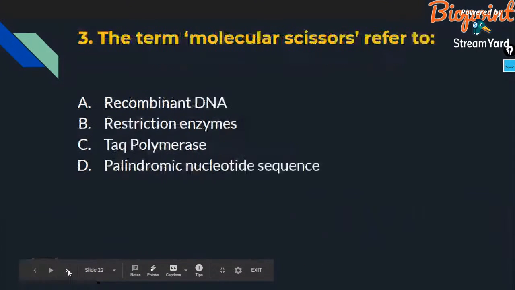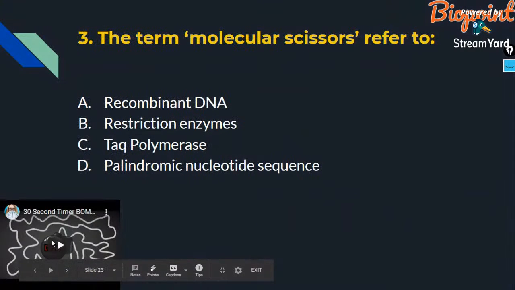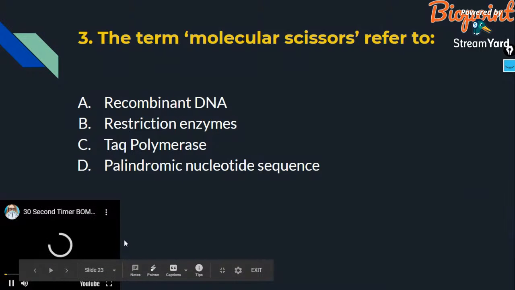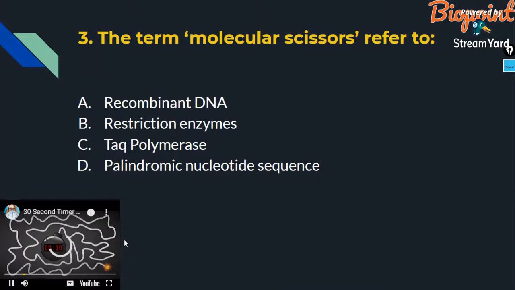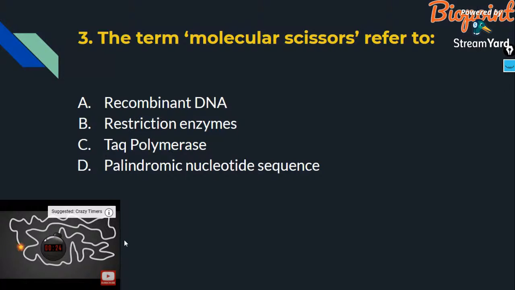Let's move on to question number 3. The term molecular scissors refers to: recombinant DNA, restriction enzymes, Taq polymerase, palindromic nucleotide sequence. Please don't confuse it with the E. coli bacteria. In recombinant DNA technology, the bacterium used was Salmonella typhimurium.